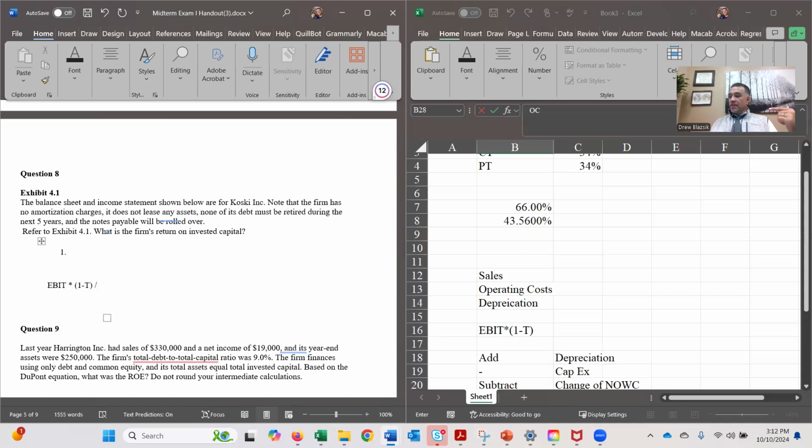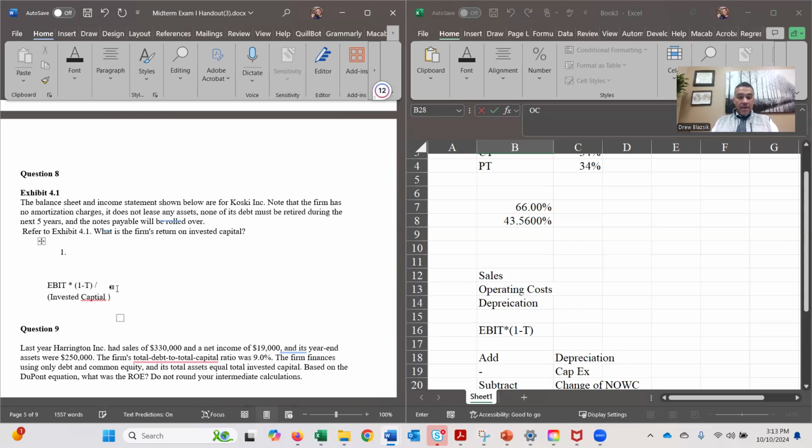This is one of those ratios in one of those questions, I think chapter 4, that there's tons of ratios. It's one of those that you have to calculate. Sorry, I was looking at an email. You want to take your EBIT, multiply it times 1 minus tax rate, and then what you want to divide that by is invested capital.